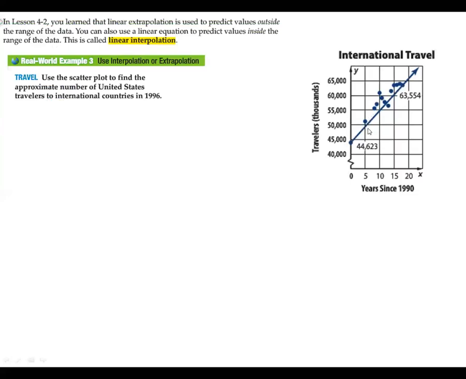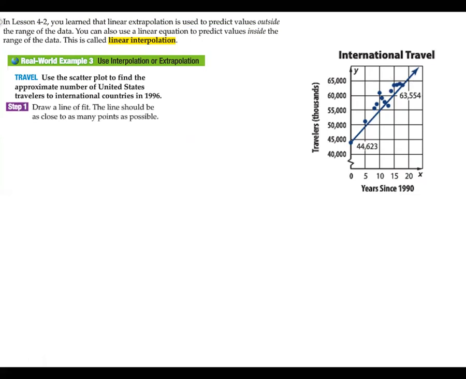So what we did was we have the scatter plot. We drew our line of fit on there. Remember, we're just estimating that. And then from that, we're going to write an equation and then plug in 6 years after 1990, to estimate the number of travelers to international countries in 96.